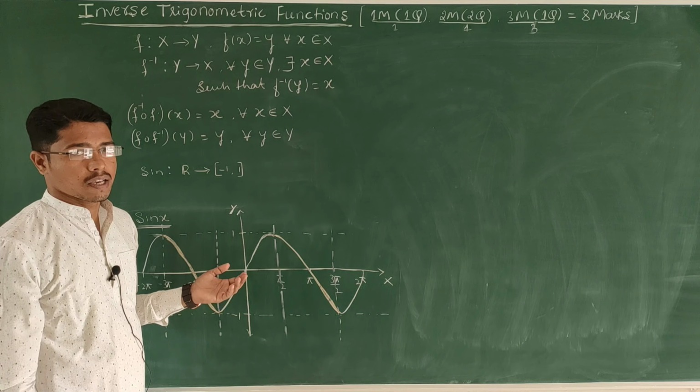Okay, so let us see. This is pi by 2, pi, 3 pi by 2, 2 pi. Then minus pi by 2, minus pi, minus 3 pi by 2, then minus 2 pi. What is the value of sine pi by 2? That is 1. It will come here. So pi is 0.